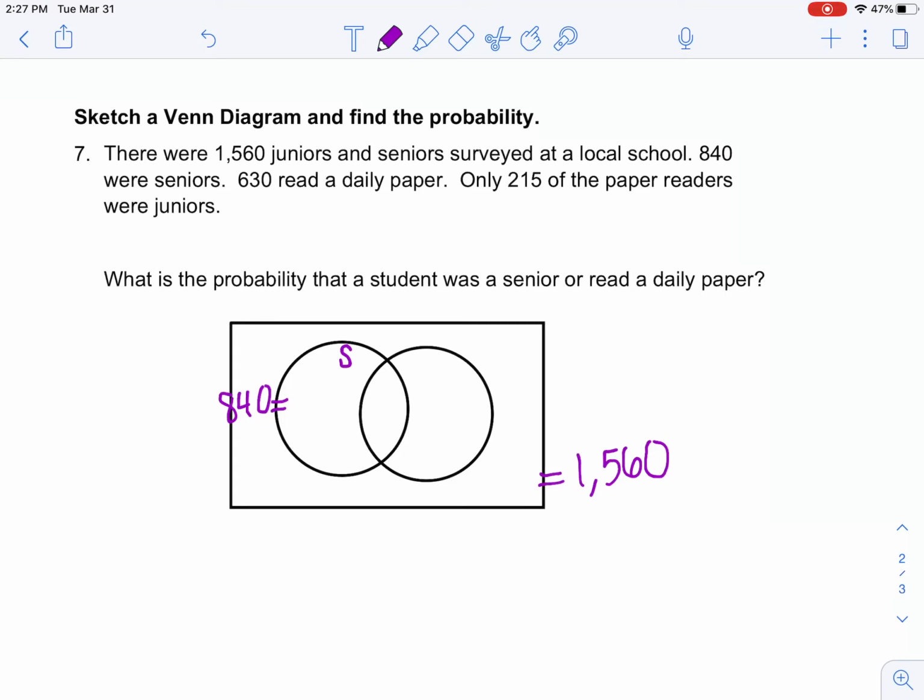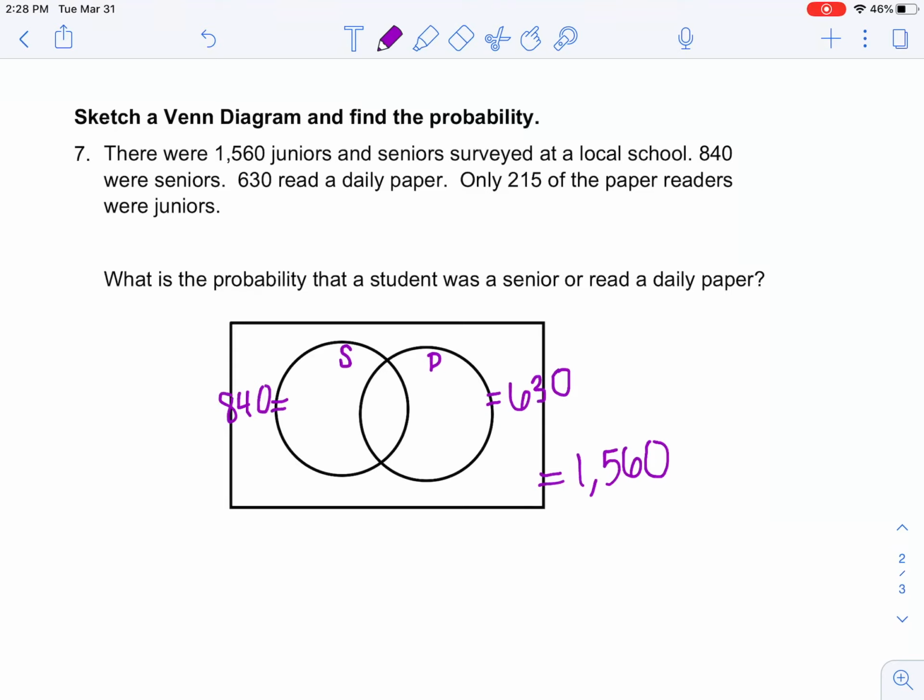Our next sentence says that 630 read a daily paper. So over to the right in our other circle, I'm going to put P for paper, and that circle will add up to 630 students. Only 215 of the paper readers were juniors.